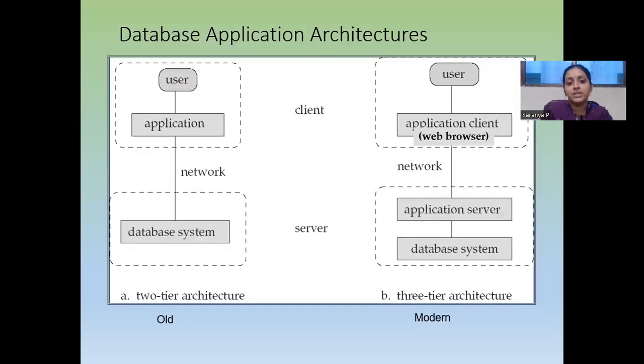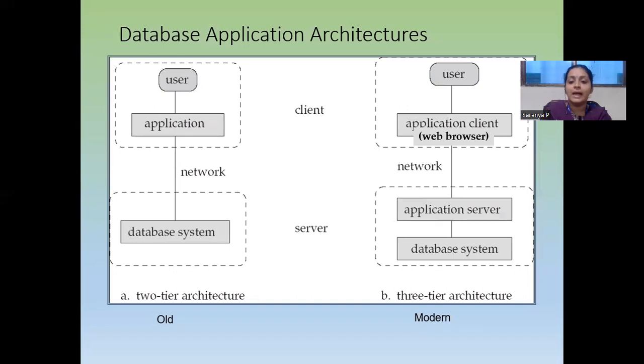Application architectures are of two types: two-tier and three-tier. In two-tier, there is a single server and a single client. The client accesses the database through the database server. In three-tier architecture, there is an intermediate layer. The user has an application client as well, and the database has its application server.